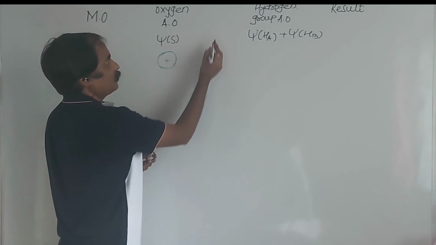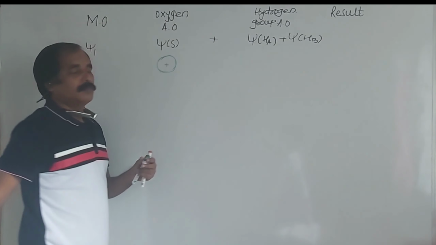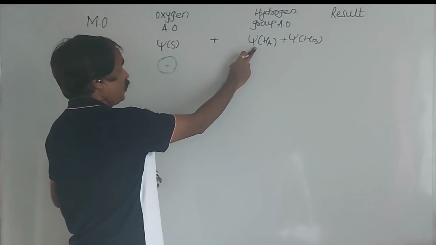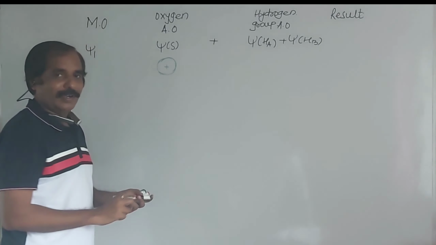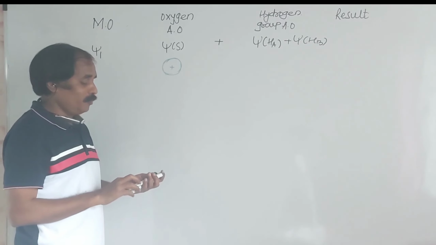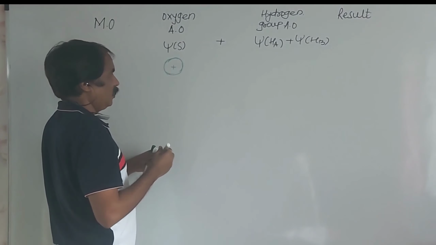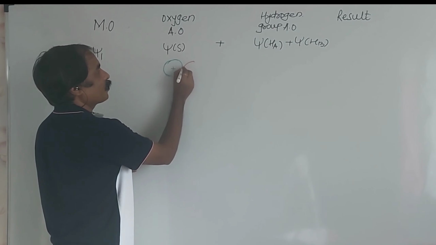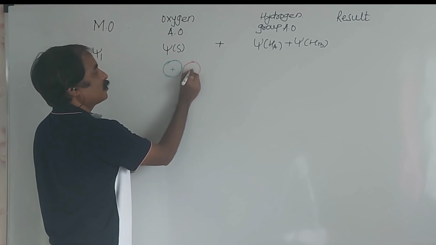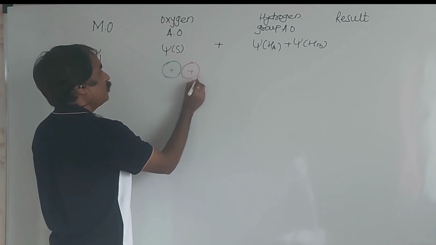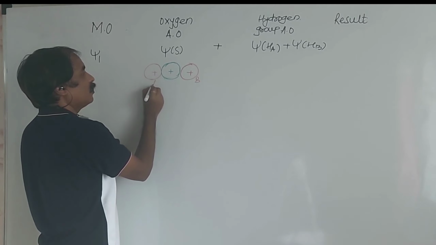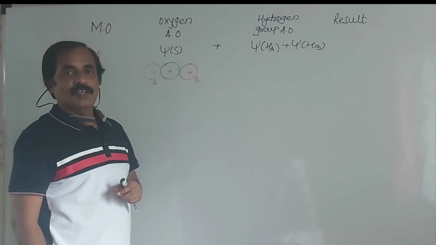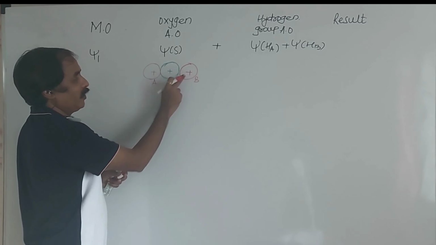Here it is the positive wave function of hydrogen A and the positive wave function of hydrogen B. Or you can take negatives, but the sign should be the same. Here it is the second hydrogen B, here the first hydrogen A.